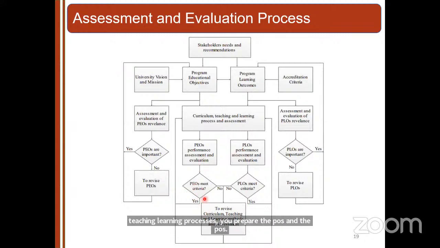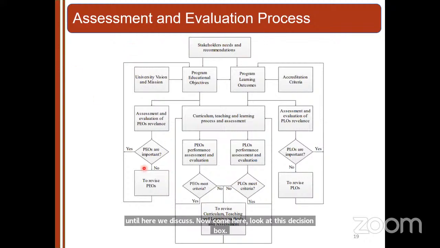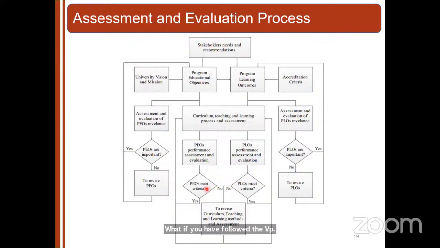Now, come here, look at this decision box. What if you have followed the OBE model that I was talking about, and then you found out that your program educational objectives are not met, or maybe your program outcomes are not met.